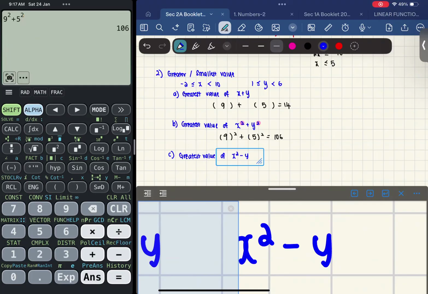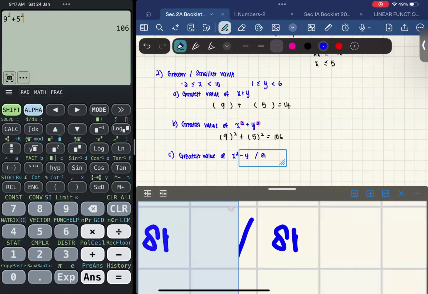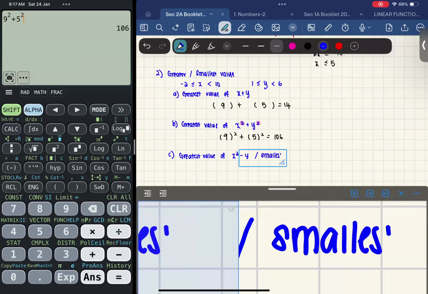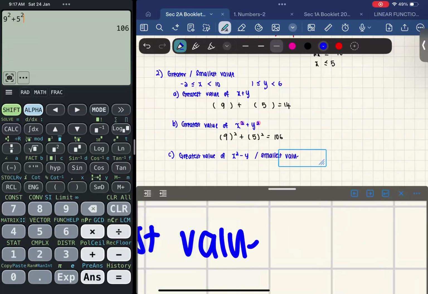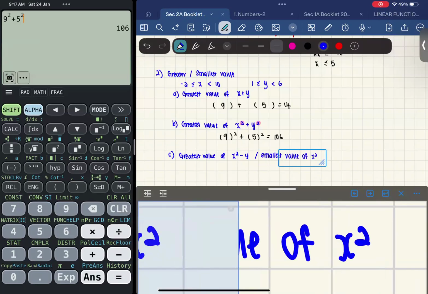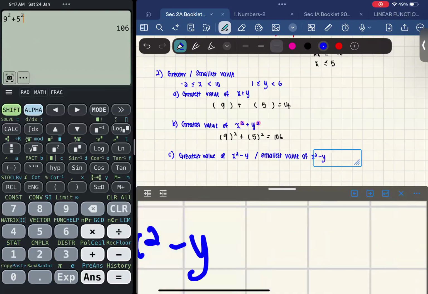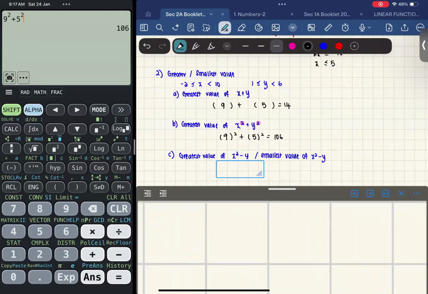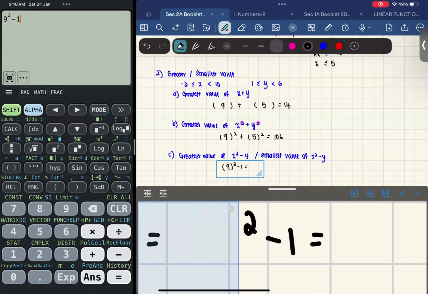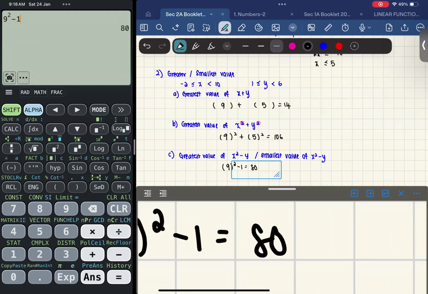Okay? Or they like to ask you the smallest value. Okay? Greatest value, no problem. Right? 9 square minus negative 1. Right? So you get 82.